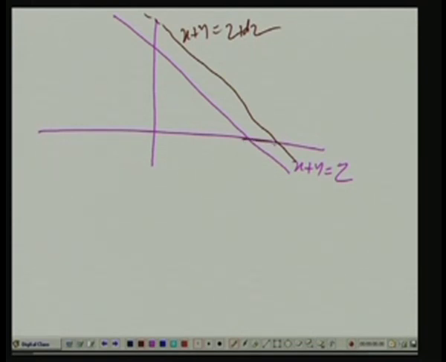So, this much is dz. This is dz. Okay. Same here, this is dz.